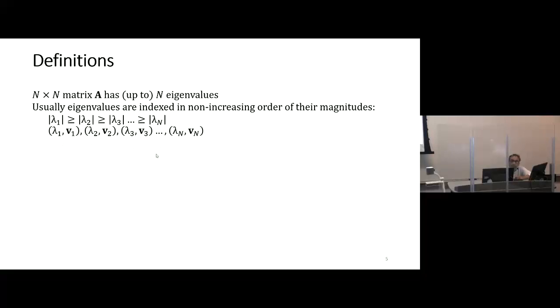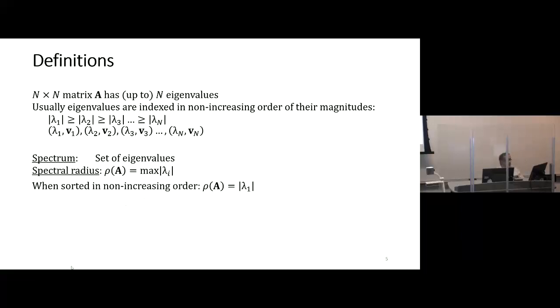And so these are the corresponding eigenpairs. The spectrum of the matrix is the full set of eigenvalues. The spectral radius of the matrix is the maximum value of the absolute value of lambda i. If we follow this convention, then it's absolute value of lambda 1. So when sorted in non-increasing order, the spectral radius is the absolute value of lambda 1.